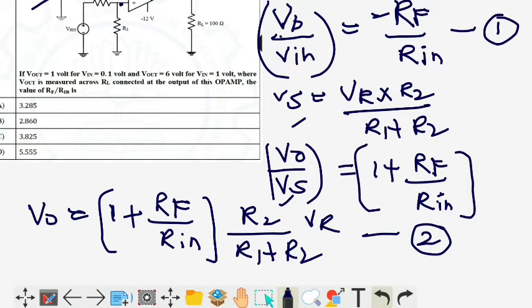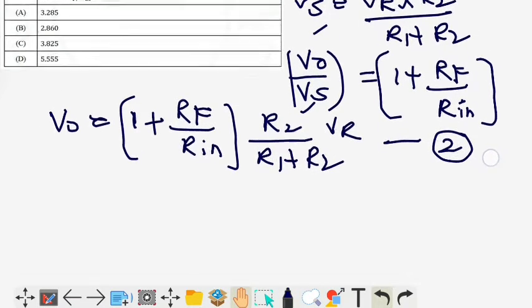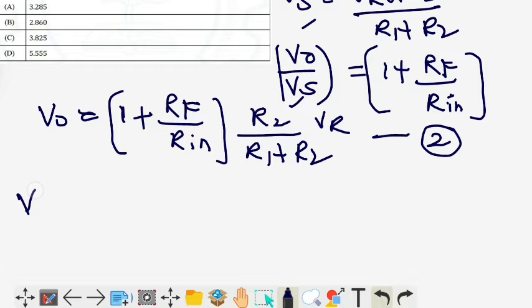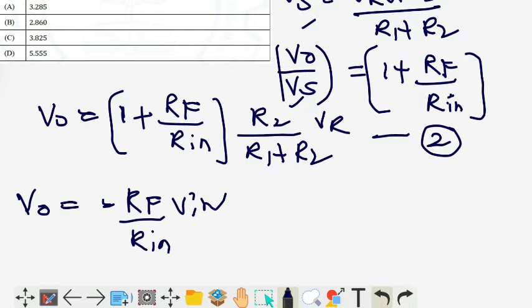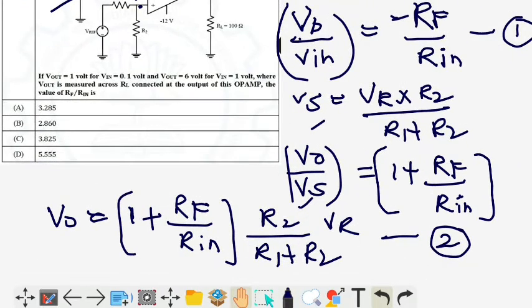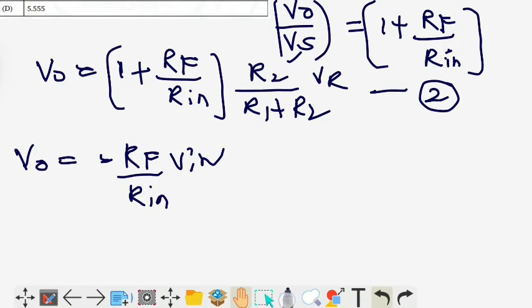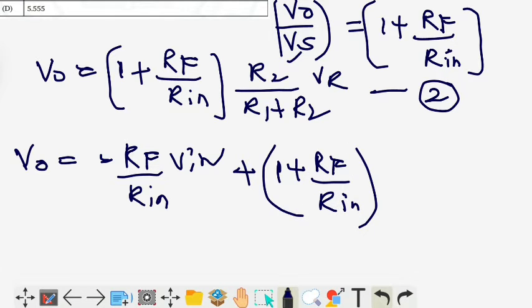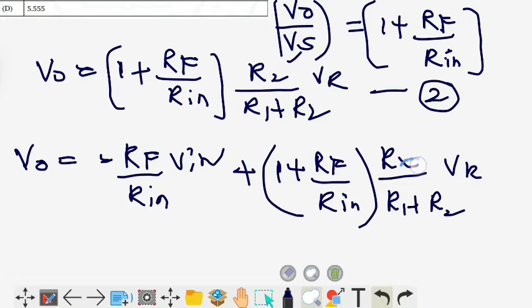Now let's add the responses of both equations for the output. Vout is equal to minus Rf by Rin into Vin, from equation 1, and from equation 2, 1 plus Rf by Rin into R2 by R1 plus R2 into Vr.